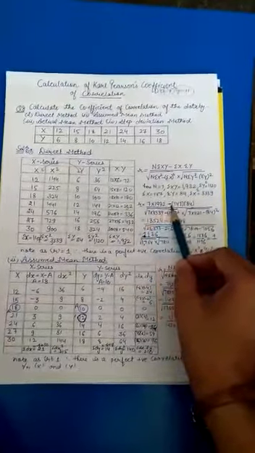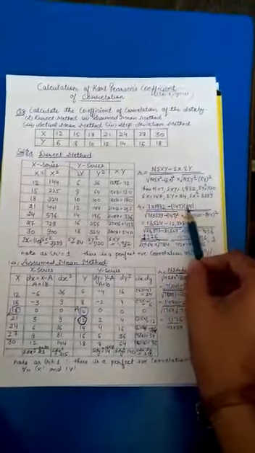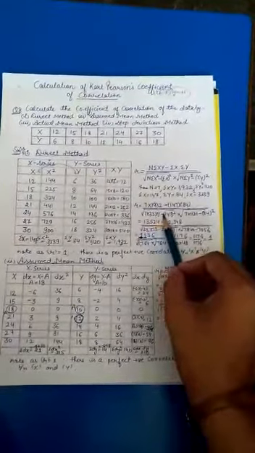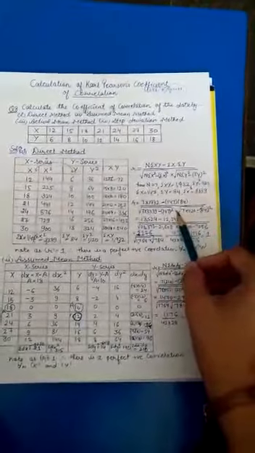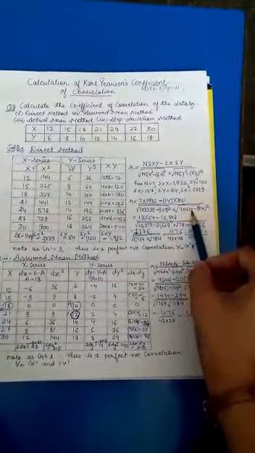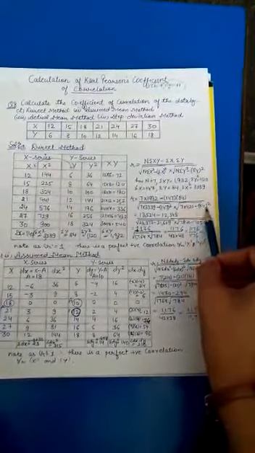After putting these values, you will get 7 multiply 1932 minus 147 into 84, upon the under root of 7 into 3339 minus 147 whole square. Then in the product you have to write the under root of 7 into 1120 minus 84 square.